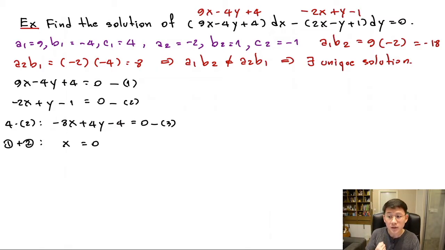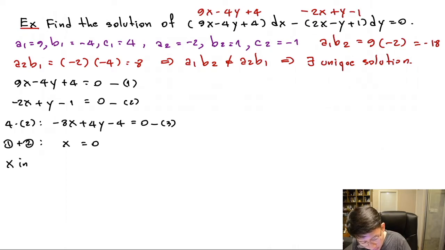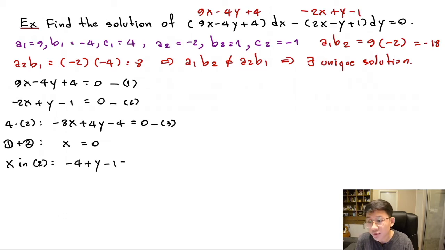And similarly, I substitute x in 2. So what I have is minus 4 plus y minus 1 equals 0, and in that case, I have that y is 5. Is it? Oops, sorry. If I substitute x in 2, minus 2 times 0 is actually 0, isn't it?